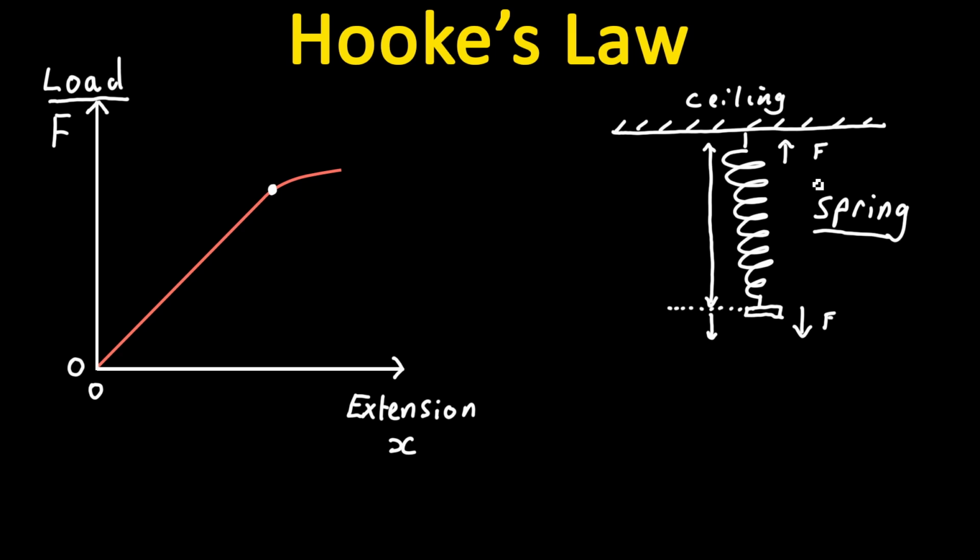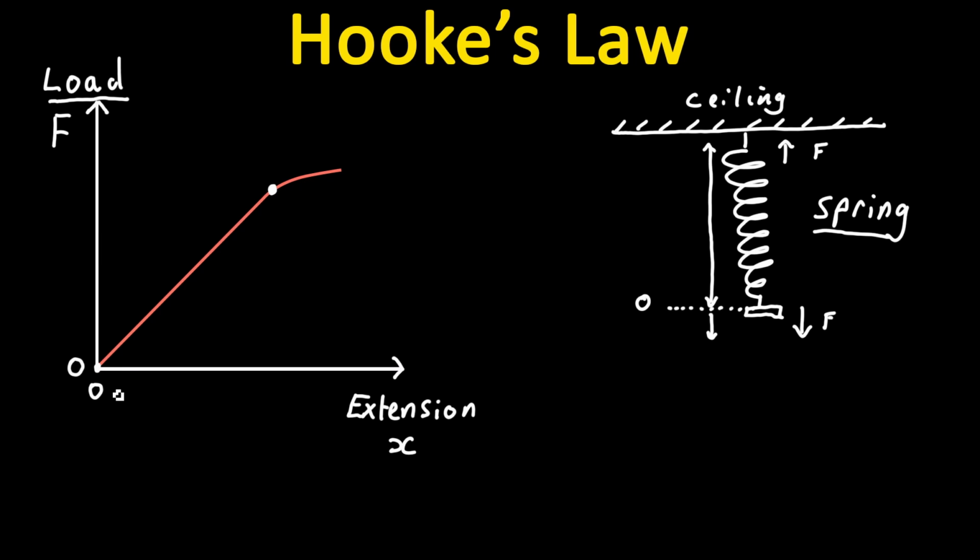Now these forces balance out, and because they balance, it means that the spring is stationary, so it doesn't accelerate downwards. So as we start adding mass to this spring at the bottom here, we plot how far the spring extends from this 0 point here, from the point at the bottom of the graph.